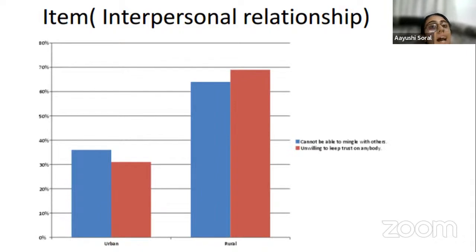For the urban, cannot mingle with others is high, whereas in rural it is less, while unwilling to keep trust on anybody is high. So it shows that trust issues are more among rural people in comparison to the urban population.